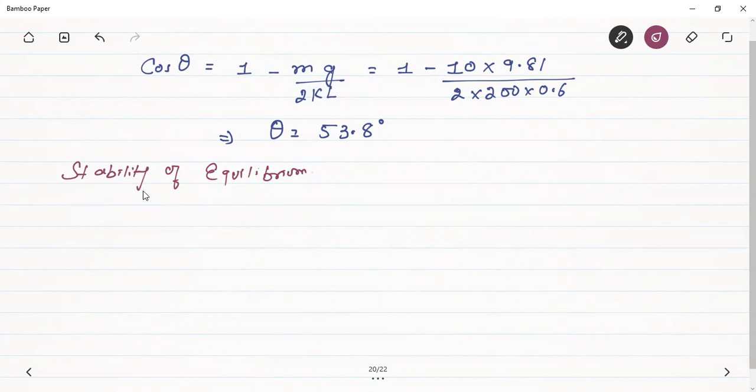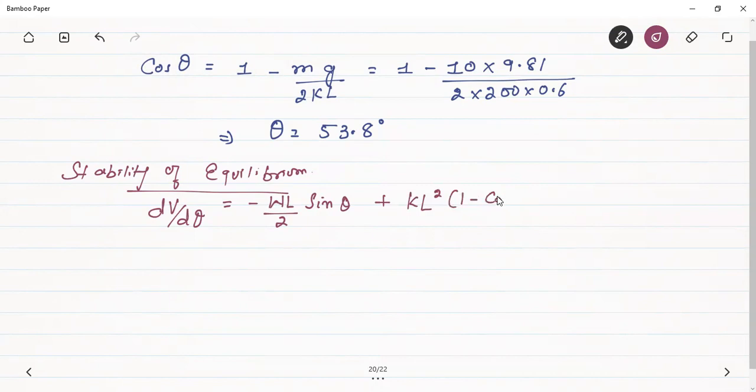And for the stability of equilibrium, I have to calculate the second derivative of the potential function. Okay, so let me write the first derivative again. It was equal to dV by d theta. This dV by d theta was equal to minus WL by 2 sine theta plus kL square (1 minus cos theta) sine theta.